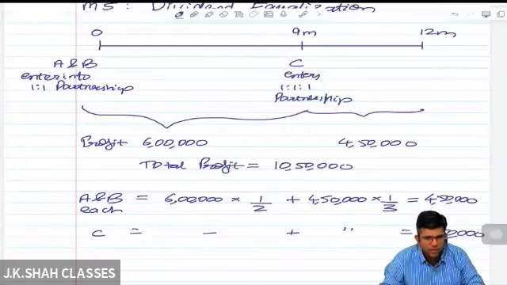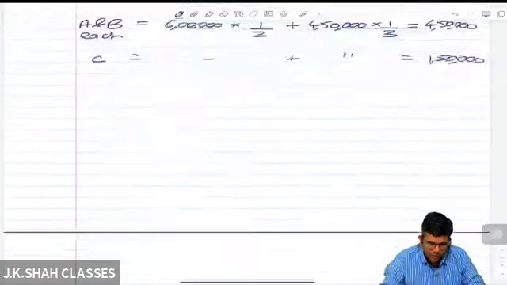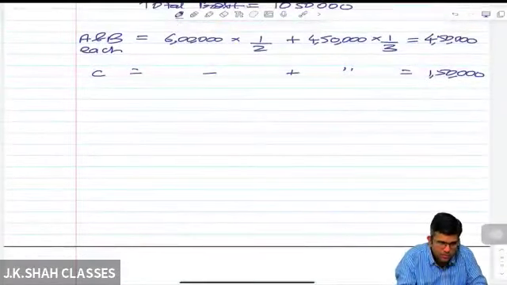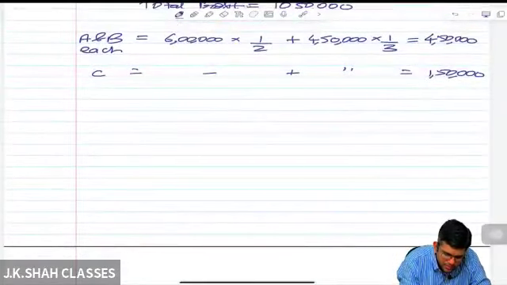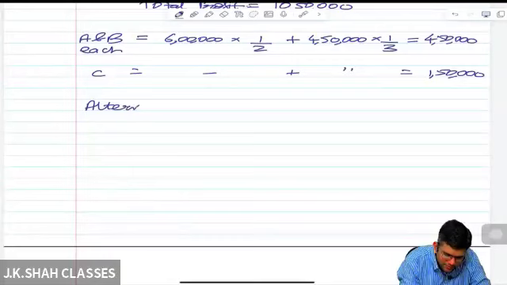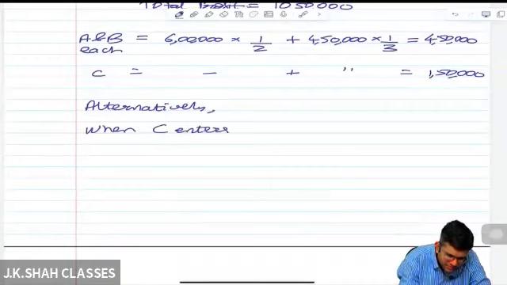Now I am going to teach you another method of calculating the same. Ready everyone? I am going to teach you one more method. Can we start? Okay. So one more method, alternatively. When C enters, listen carefully.